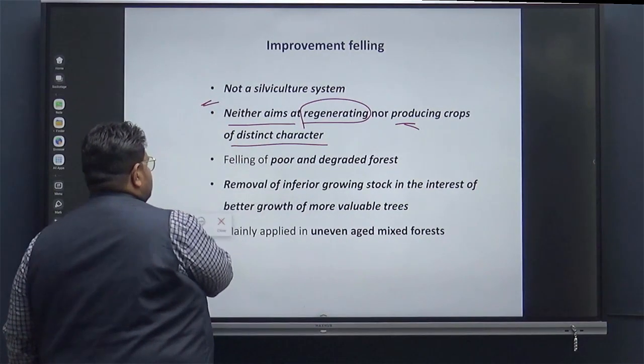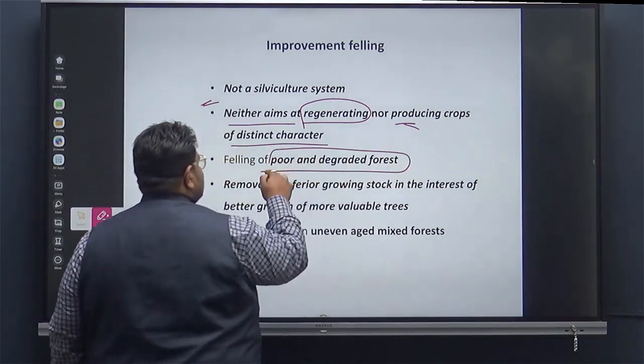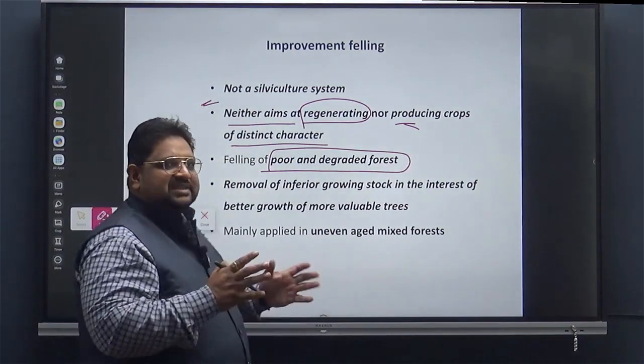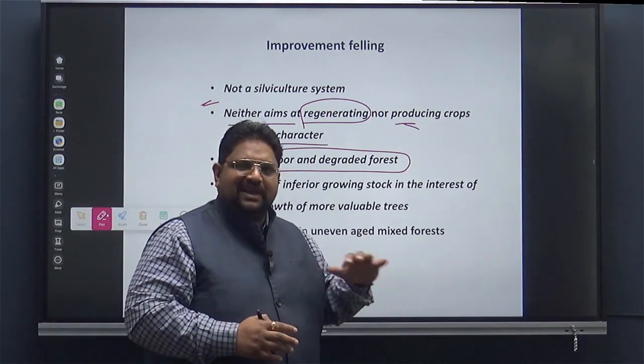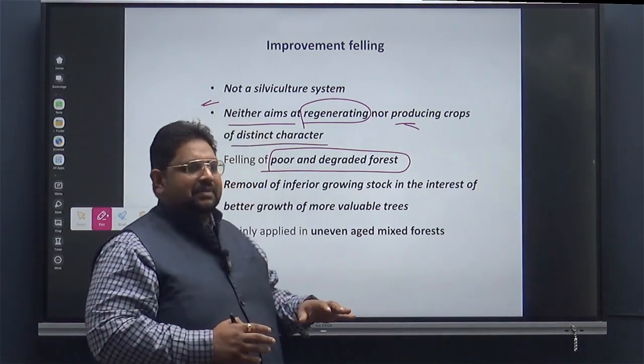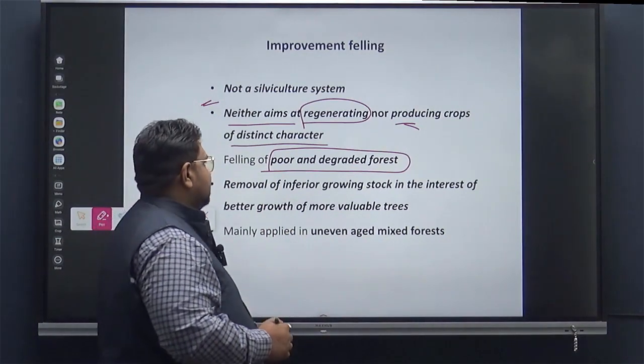So here what we do, we fell the poor and degraded forest basically for the improvement of the existing and promising trees. So leaving those trees, we will be taking off the remaining plants which are usually not so good or which are poor in their growth.